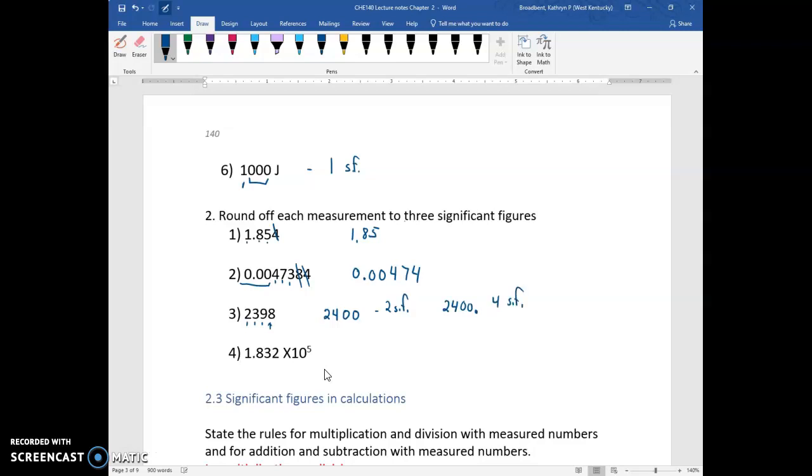My directions have asked me to do 3 significant figures, so I'm going to write this in scientific notation. 1, 2, 3. And this last one, we will knock off the 2 and we'll get 1.83 times 10 to the 5th. Number 3 here is a little bit tricky to get the right answers down here. All right. The next section we'll look at using our significant figures in calculations.